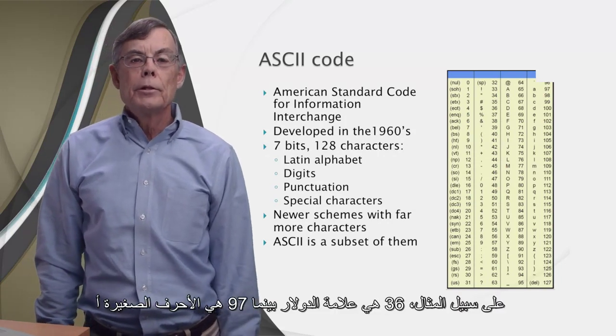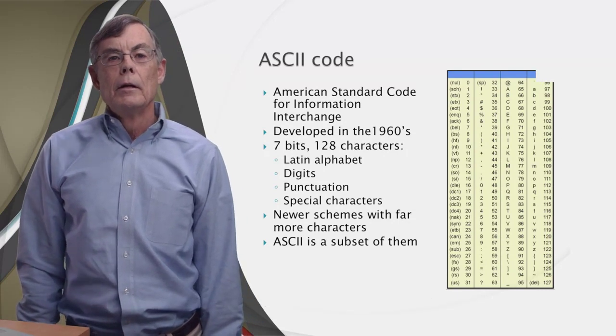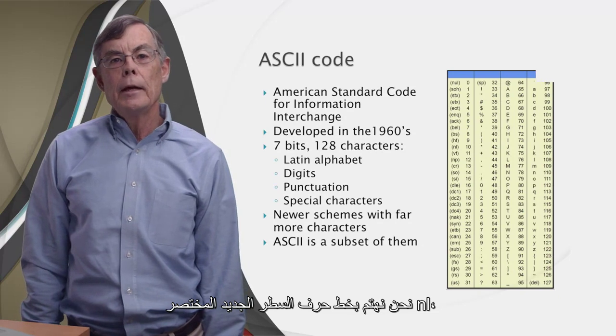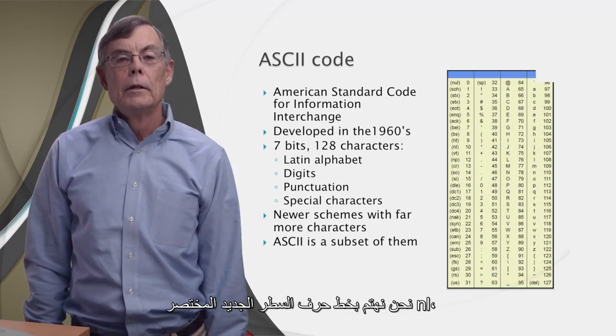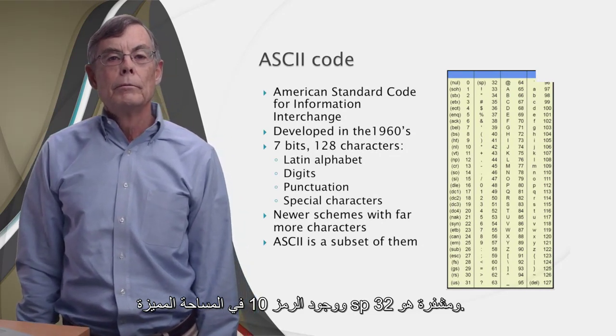For example, 36 is the $ sign, while 97 is the lowercase a. Of the special characters, we care about the new line character, abbreviated NL, and having the code 10, and the space, marked SP and encoded as 32.